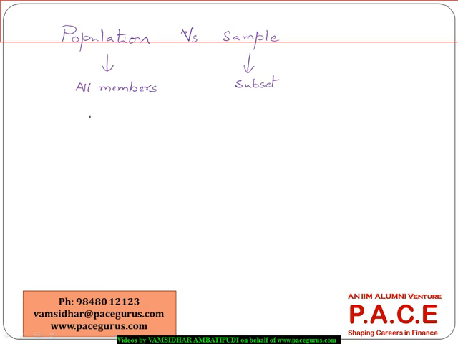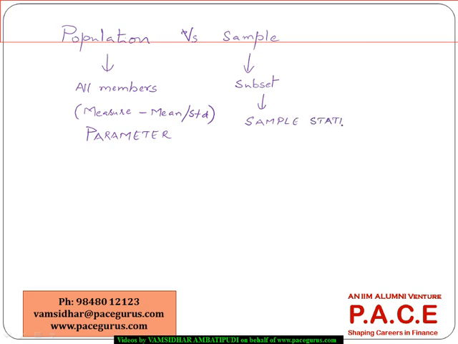Any measure of this population, like the mean or the standard deviation, any calculation that I do on this population, I call a parameter. Whereas any calculation I do on the subset, which is the sample, we call a sample statistic.